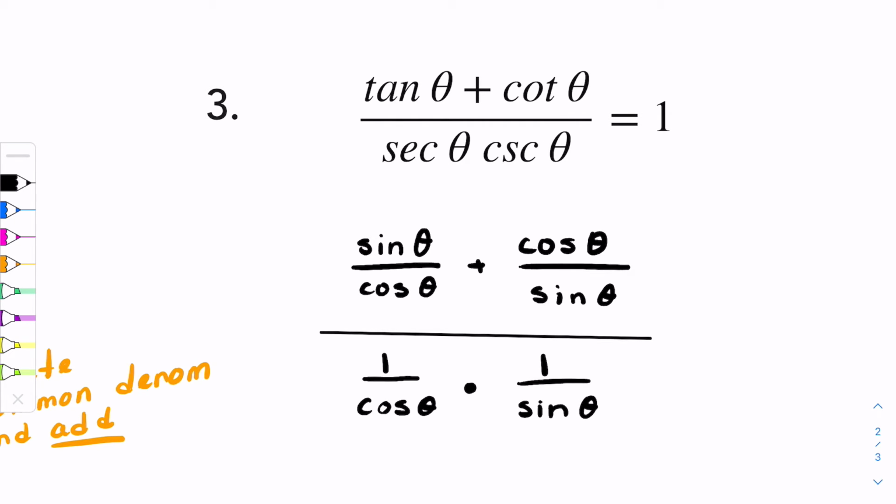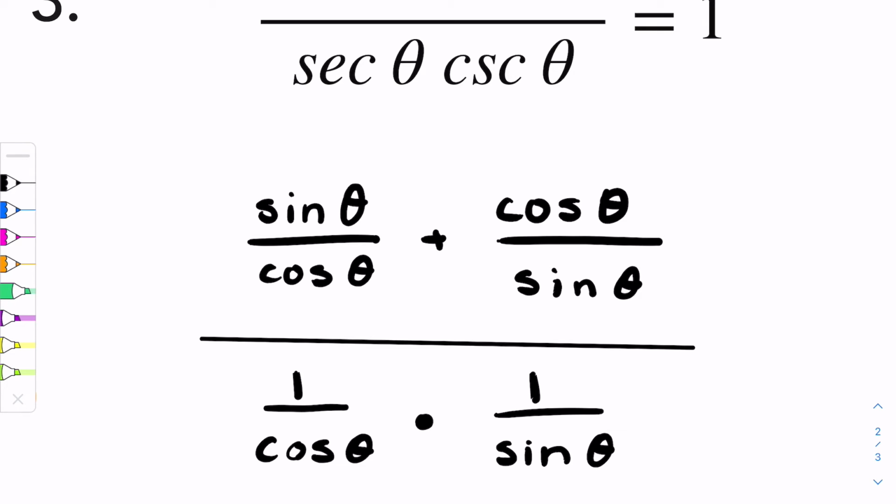So in the numerator, I need to add these expressions together. And in order to add these expressions together, I need to create a common denominator. To create the common denominator, I'm going to have to multiply each expression by the opposite denominator.